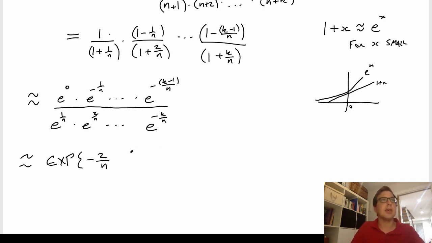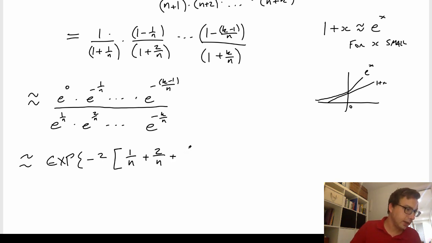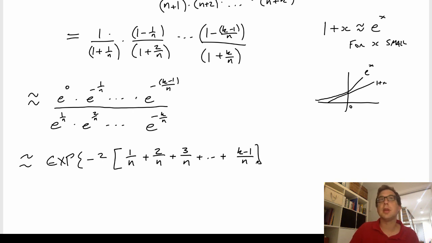Let me write it like this: minus 2 lots of 1 over n, that's this one and this one, plus a further 2 lots of 2 over n, plus a further 2 lots of 3 over n, all the way up to k minus 1 divided by n.